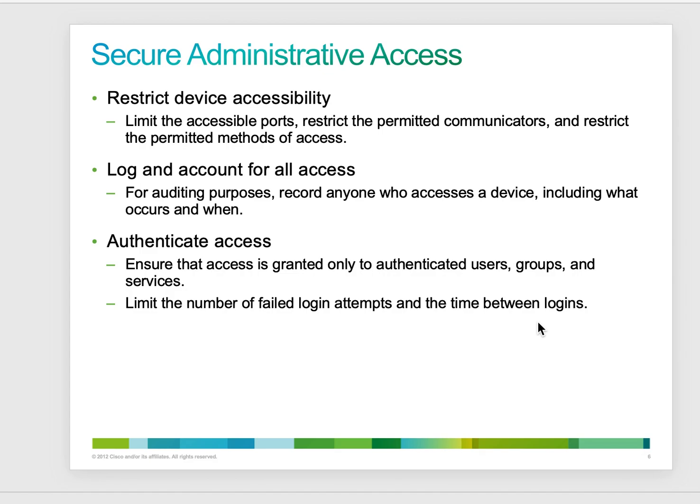That's number one. Number two is to log and account for all access. For audit purpose, record everyone who accesses a device, including what occurs and when. So we must be able to record who has logged in, when he logged in, and why he logged in, and what he did when he logged in.